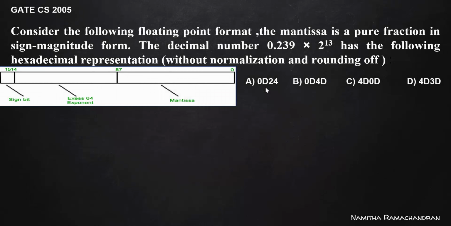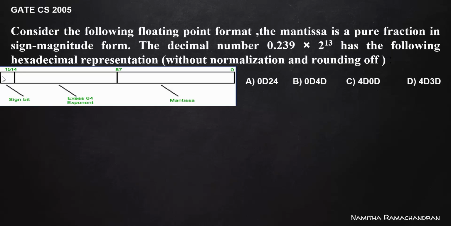Second question. This is again a floating point number representation. The question is based on the floating point number representation, but it's not based on single precision or double precision format. Here, the representation is directly given in the question. Total 16-bit representation is given.